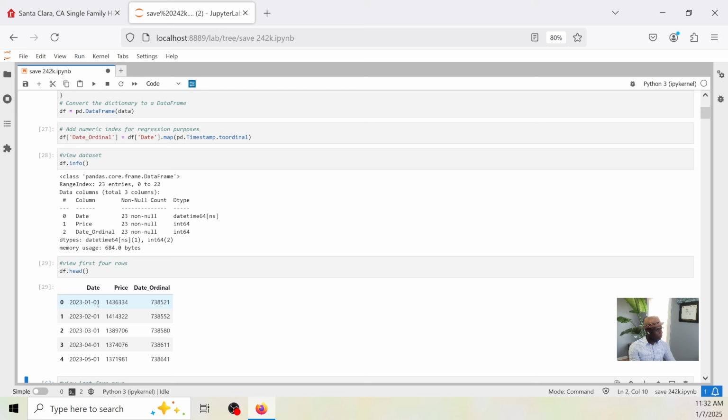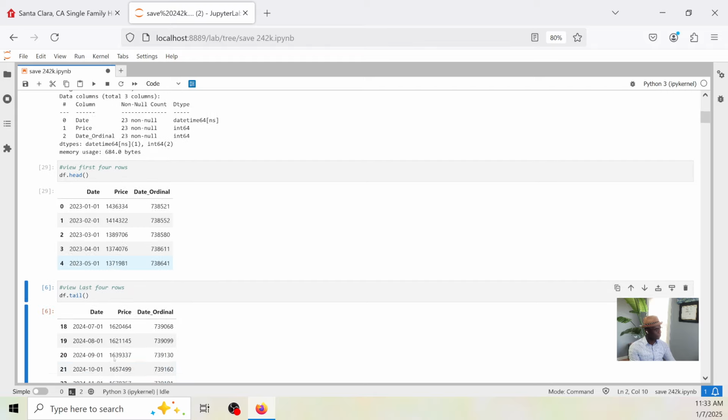So first 4 rows, we can see starting January 1st, 2023, the price was 1.43 million. Last of the first 4 is May 1st, 2023, with the price of 1.37 million.